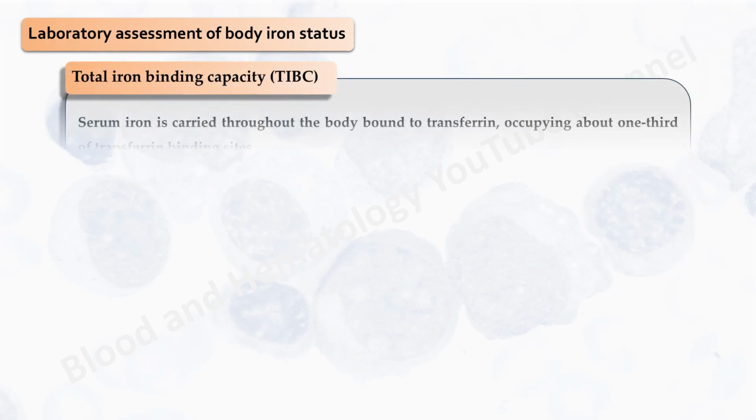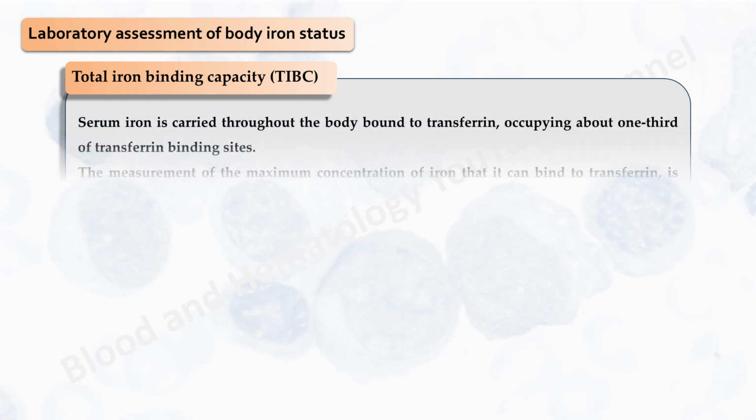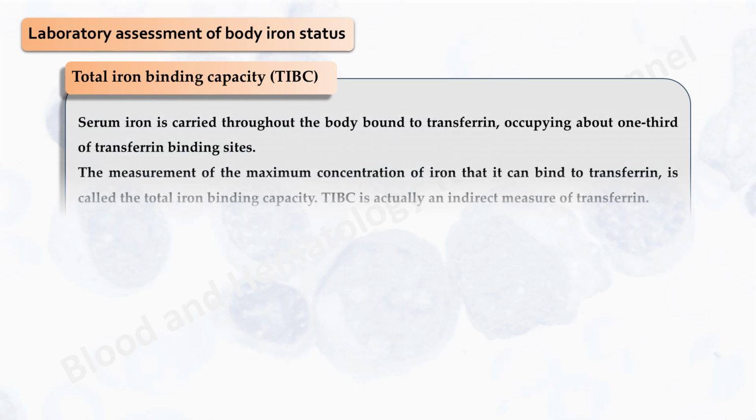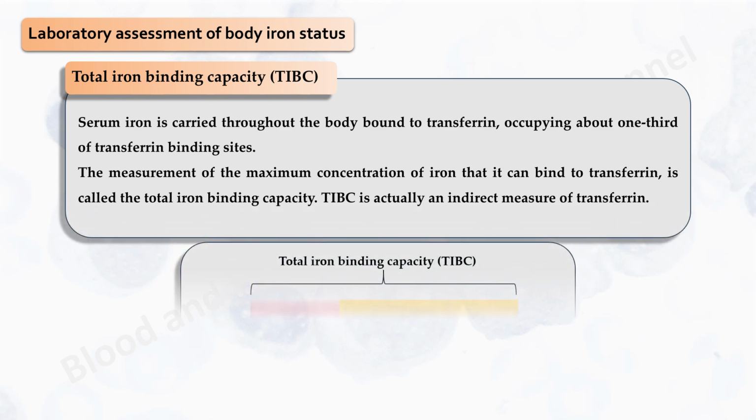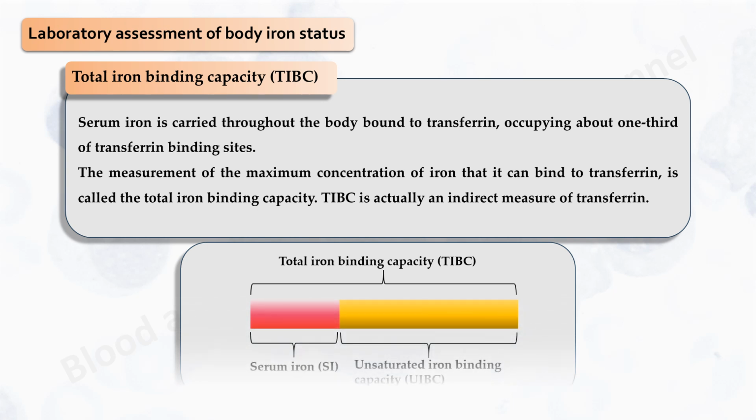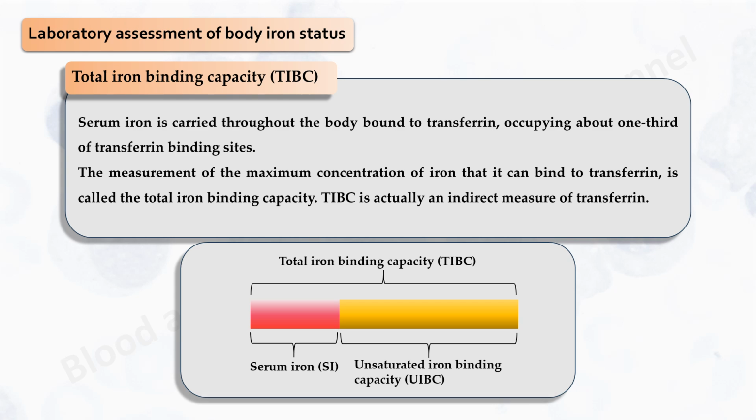Serum iron is carried throughout the body, bound to transferrin, occupying about 1/3 of transferrin binding sites. The measurement of the maximum concentration of iron that it can bind to transferrin is called the total iron binding capacity. TIBC is actually an indirect measure of transferrin.